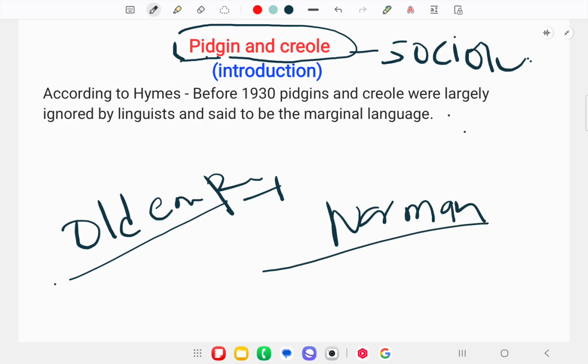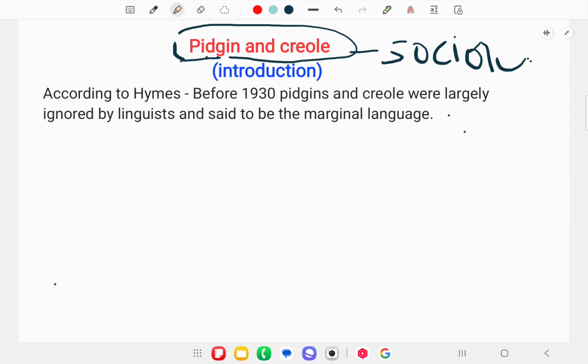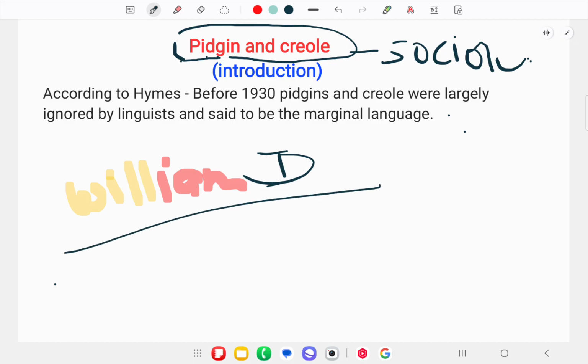This war was between William the First, the Duke of Normandy, and King Harold, who was the king of the Old English period, the Anglo-Saxon period, and he was the last king of the Anglo-Saxon period.